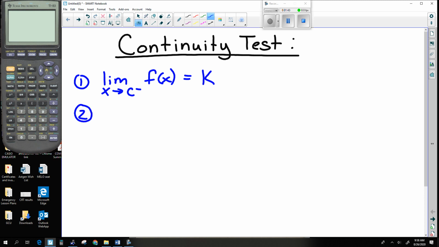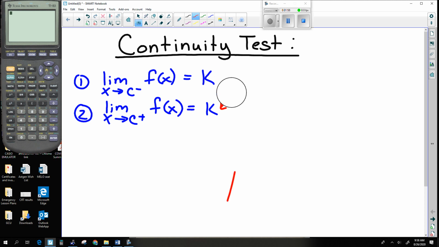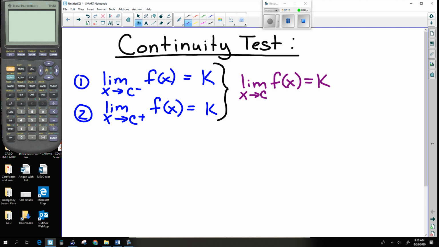And we're also looking to get the limit as it goes to the right-hand side. And what we're looking for is that these two answers are the same. So the left-hand limit is equal to the right-hand limit. If that's the case, that implies that the limit itself exists and is that constant.